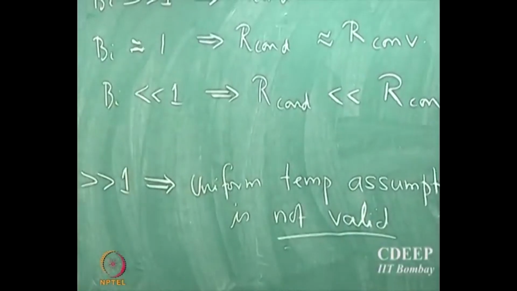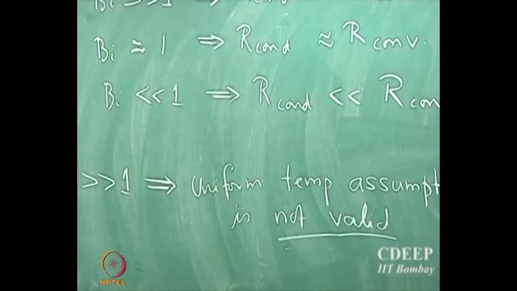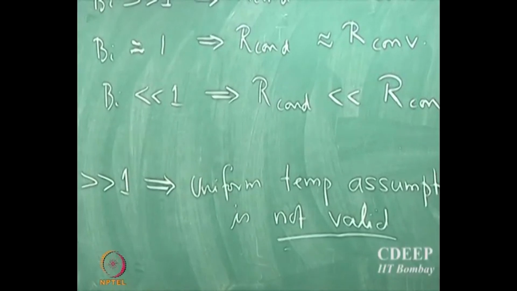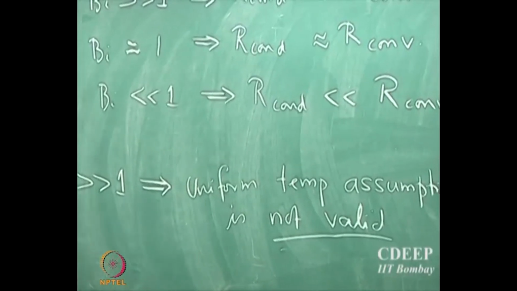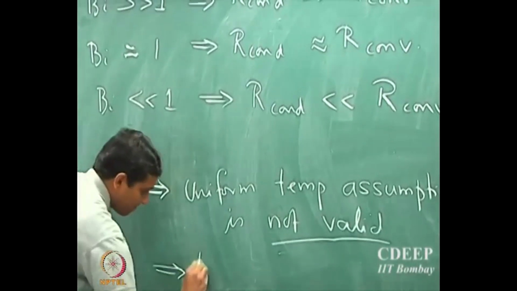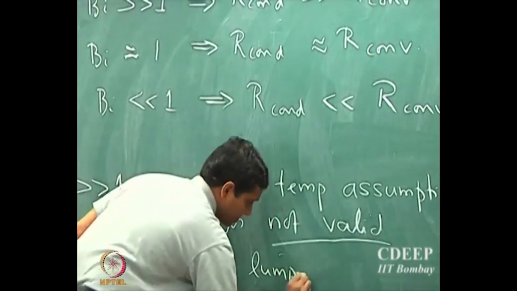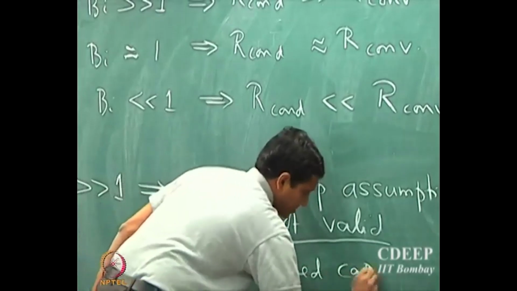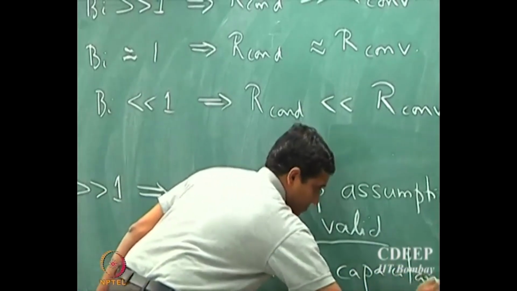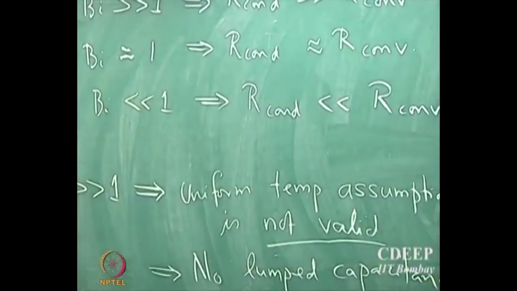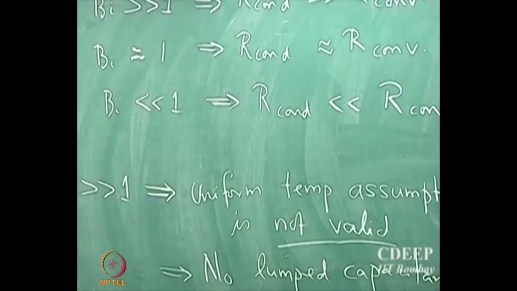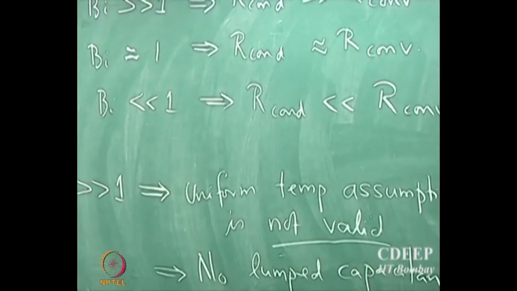Okay. So when Biot number is much larger than 1, you cannot assume a uniform temperature inside the system, which means that you cannot use lumped capacitance method to approximate or to characterize the heat transport process.